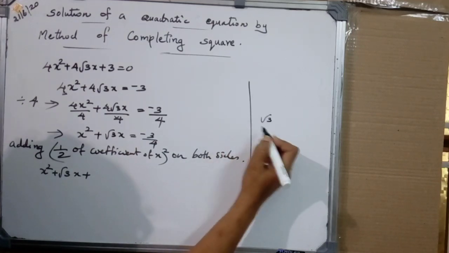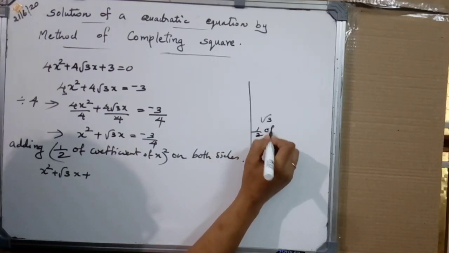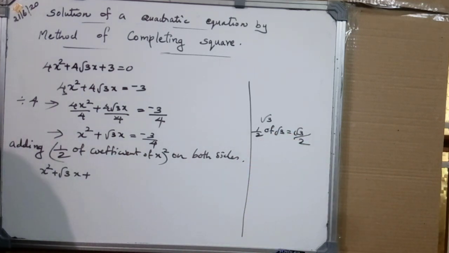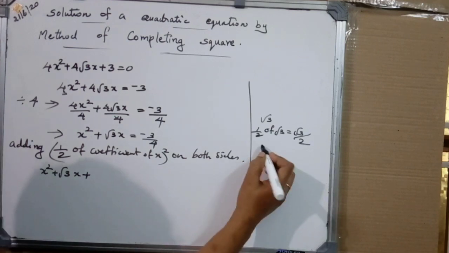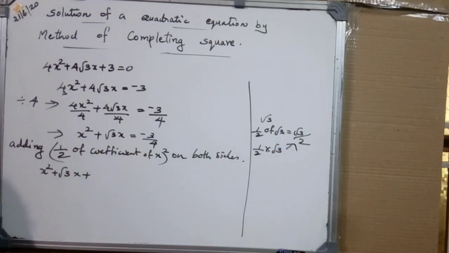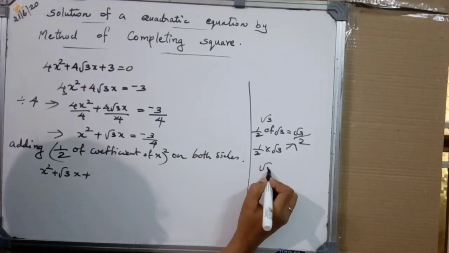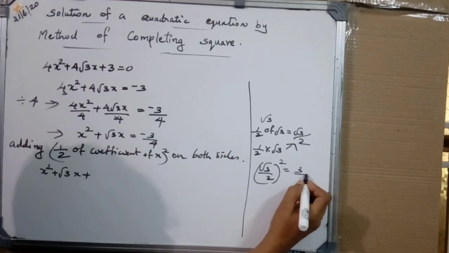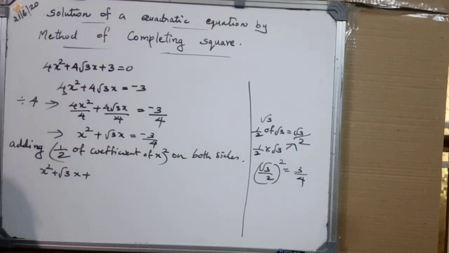So half of root 3 is root 3 by 2. Half of root 3 means, this is the way you write, half into root 3, that is root 3 by 2. Now square of it. Root 3 by 2 the whole square is, root 3 whole square is 3, 2 square is 4. That is, we have to add 3 by 4 on both sides.